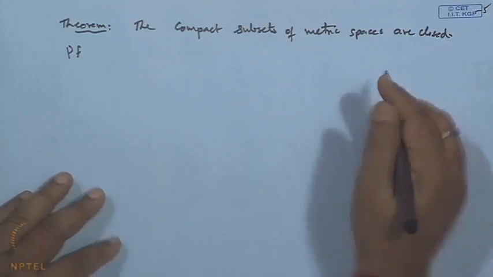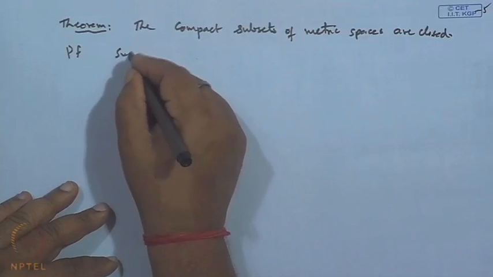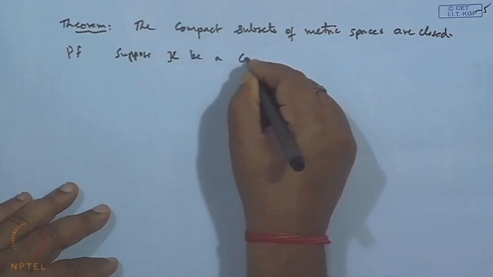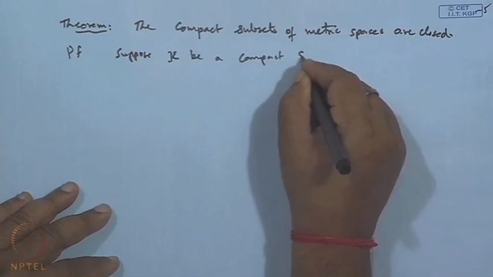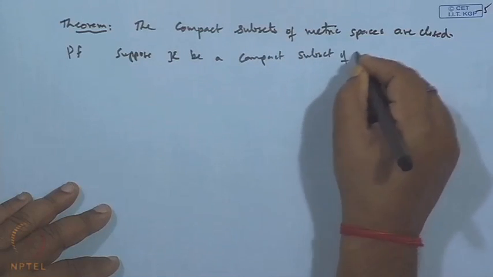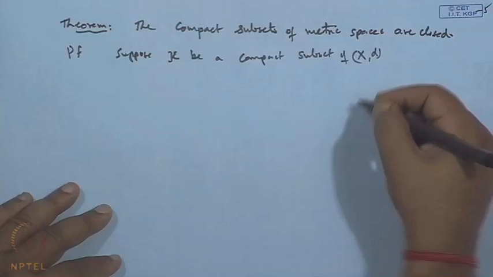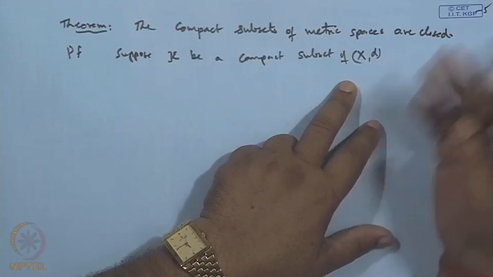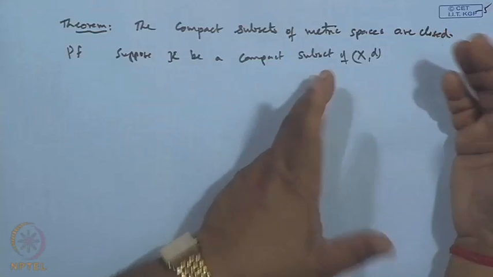Suppose K is a compact subset of X, d a metric. In order to show K is closed, if I prove its complement is an open subset of X, then it is okay.